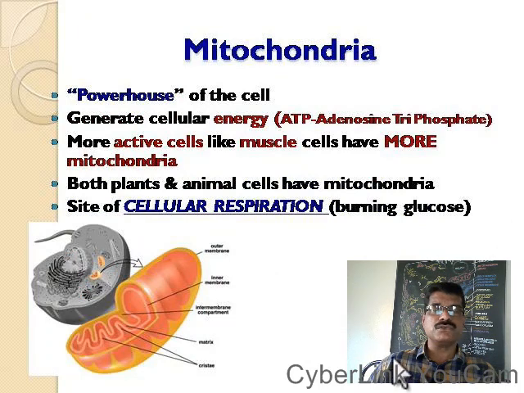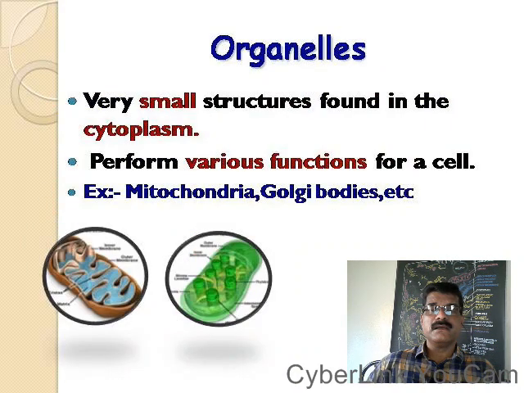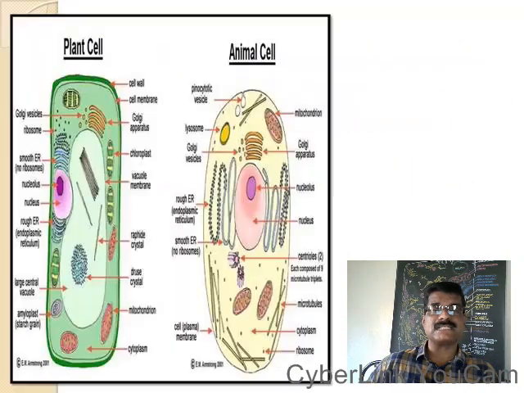See, I am going to tell you about the most wonderful, the most important organelle, that is mitochondria. See, children, this is the mitochondria, which is actually present both in plant cell as well as in animal cell.